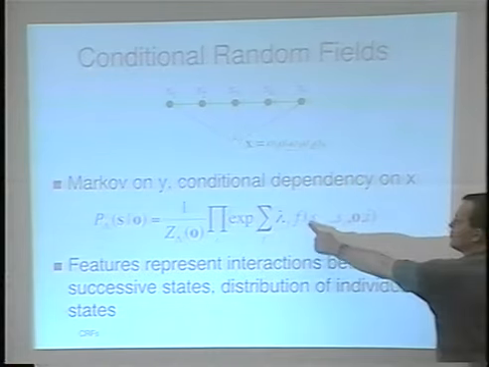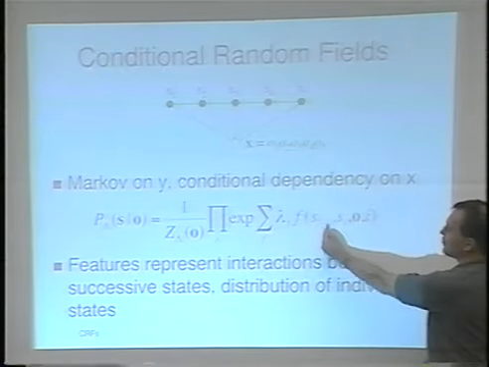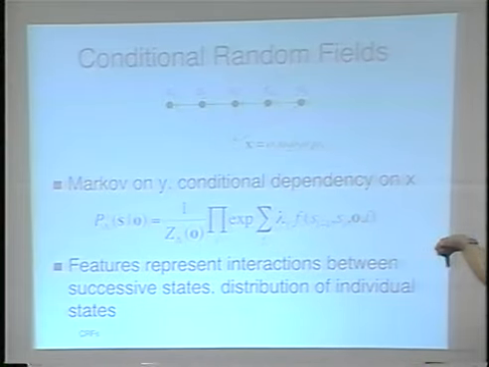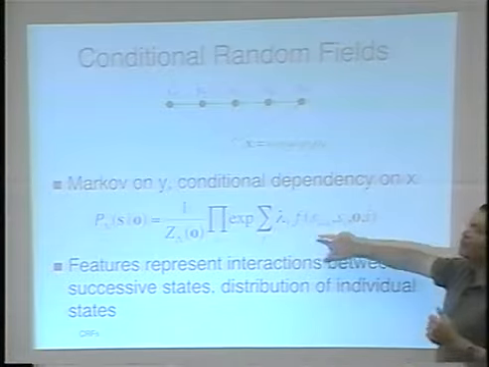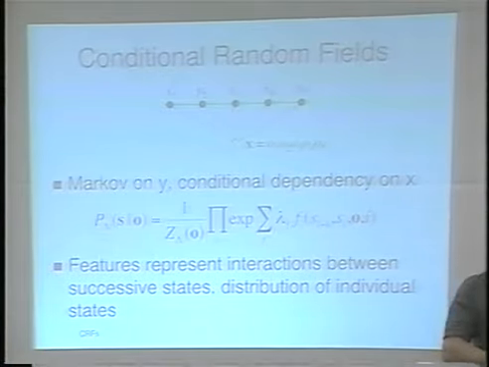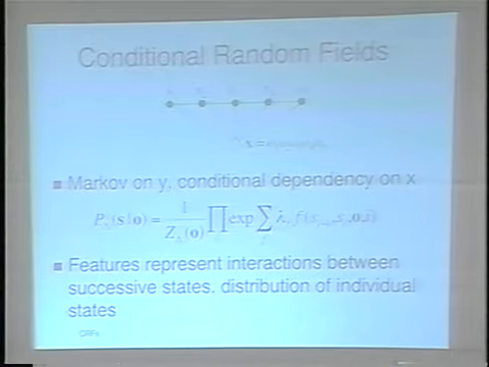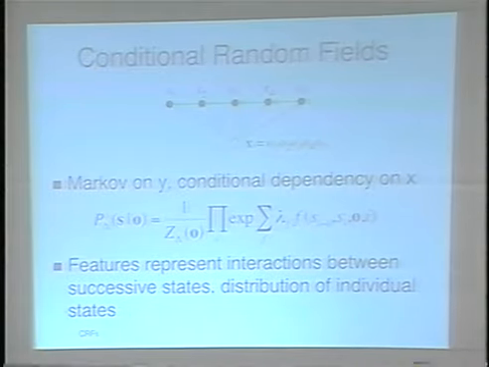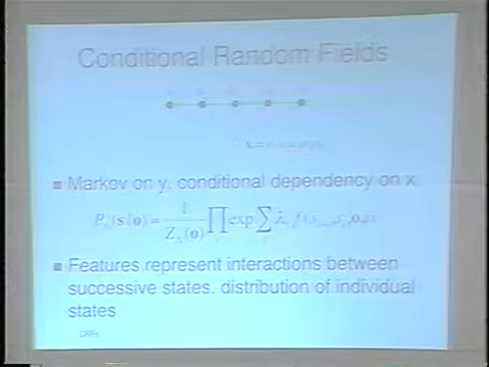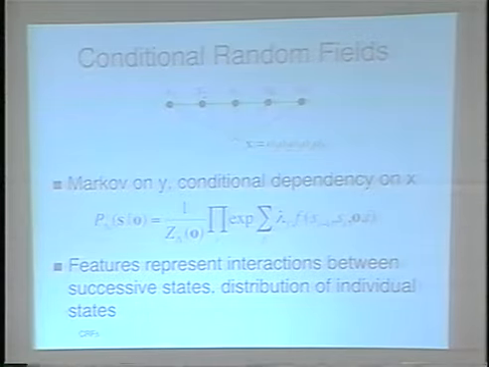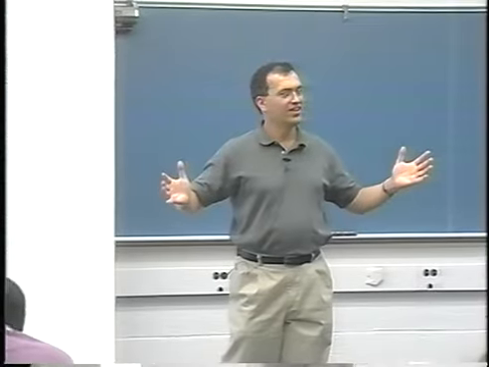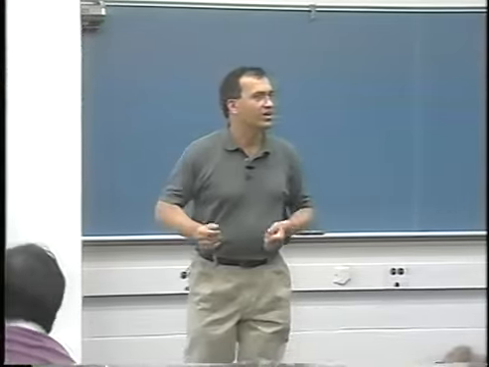And these functions depend on four things: the previous state, the current state, the whole observation sequence, and where I am in the sequence. Of course, the real features are going to say, well, the word at position i is "the", or the word before was a noun, or the next word ends in -ing, but it could also be things like the average number of nouns in the sentence is less than 0.5, say.